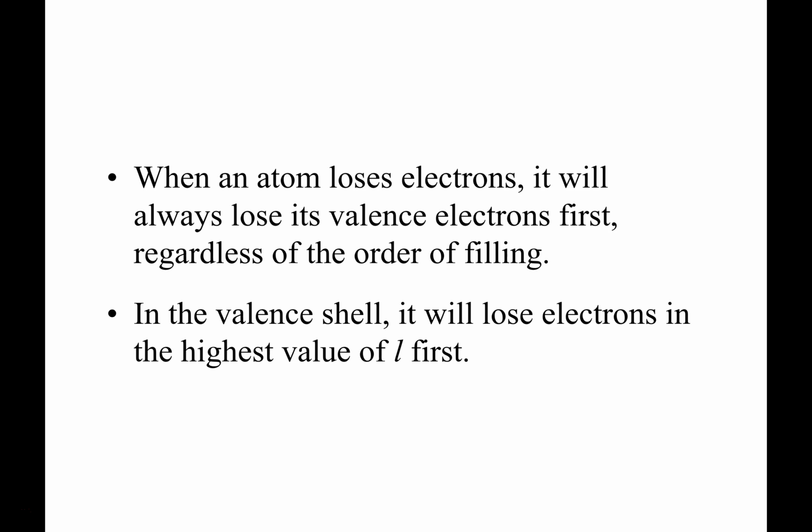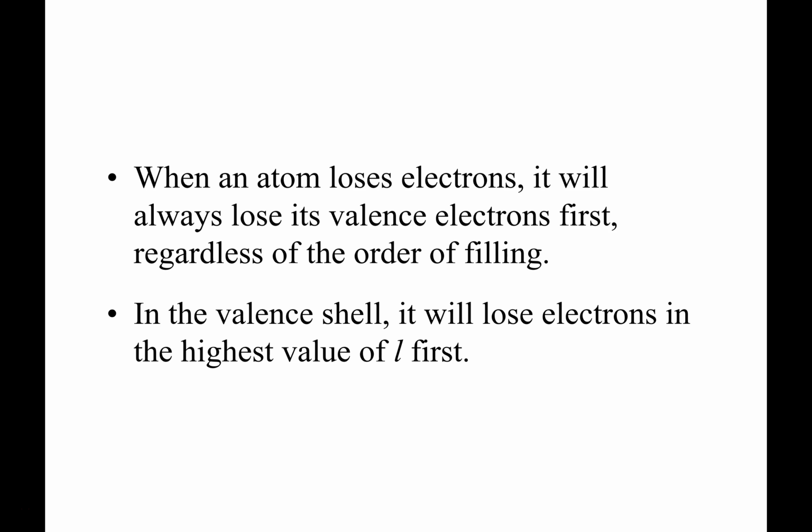So all this is saying is that if you have a choice, like with aluminum, you told me the highest n was 3. So beyond neon, it had the 3s2, 3p1, right? The l value of s is 0, and the l value of p is 1.